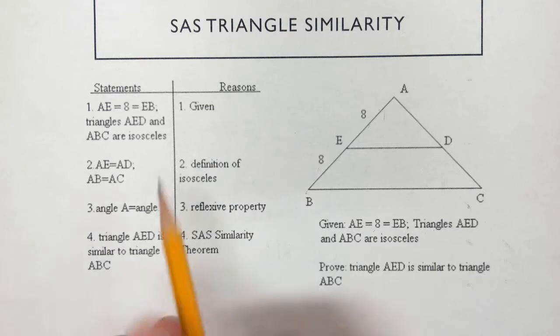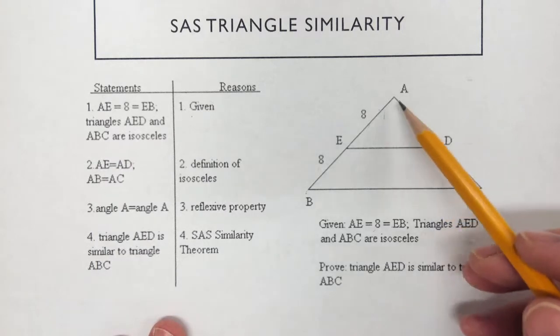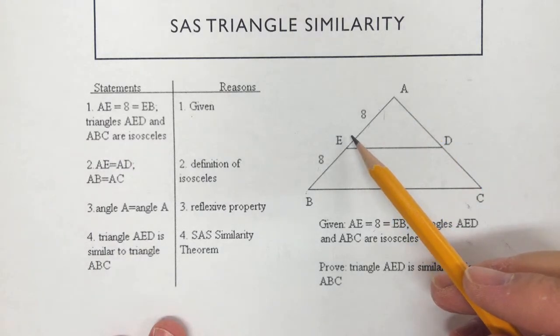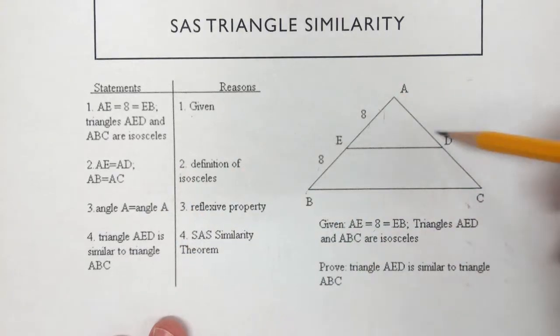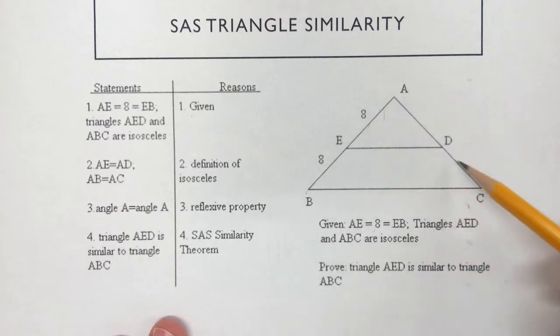That's my given. Then I know that AE is equal to AD, and I know that AB is equal to AC, because those are the sides of the isosceles triangles, the smaller one and the bigger one. We know that the sides of isosceles triangles are congruent to one another. So that's the definition of isosceles.